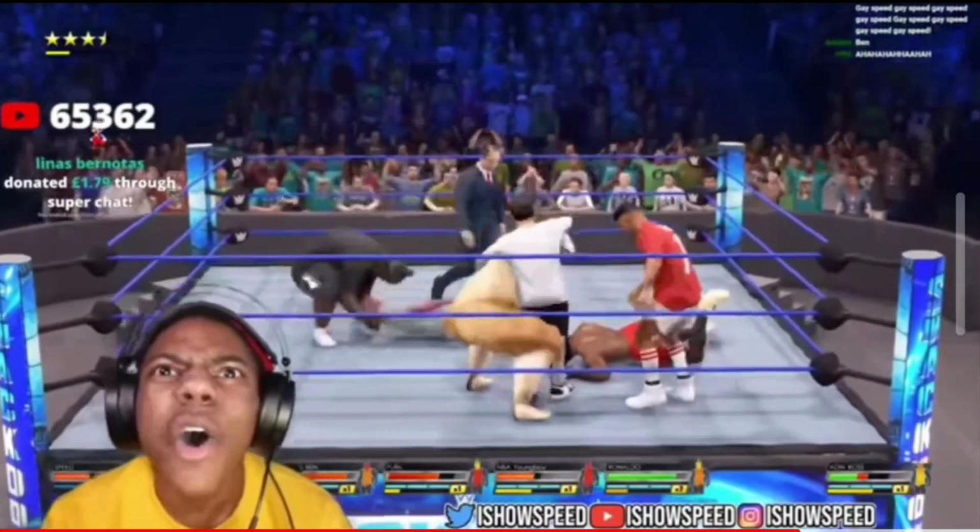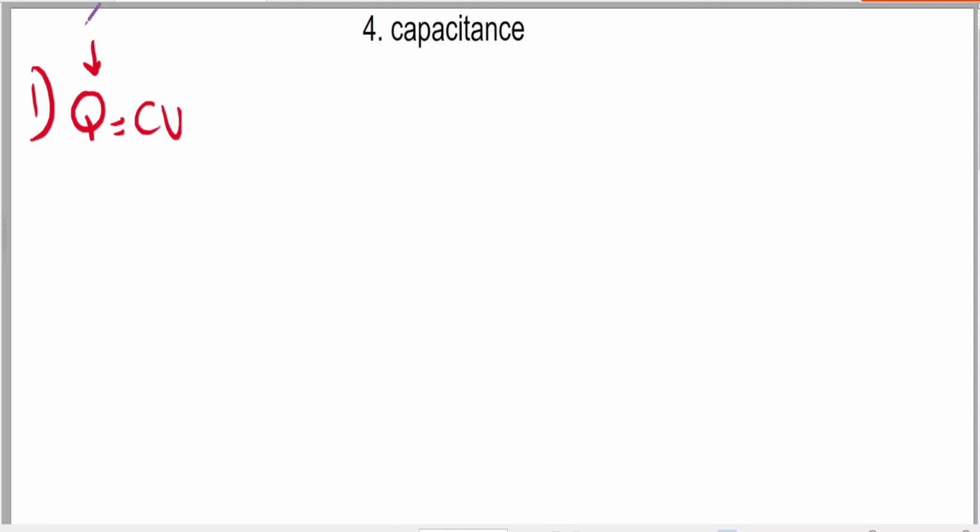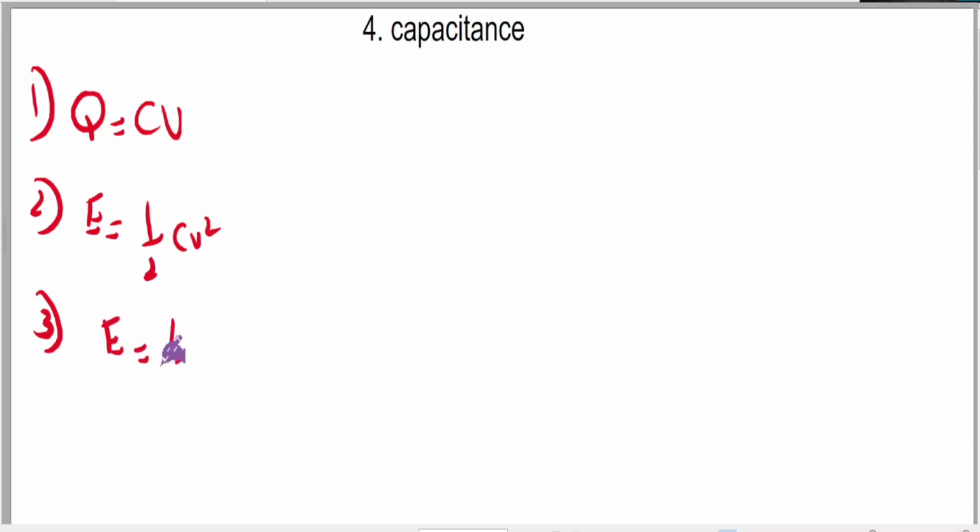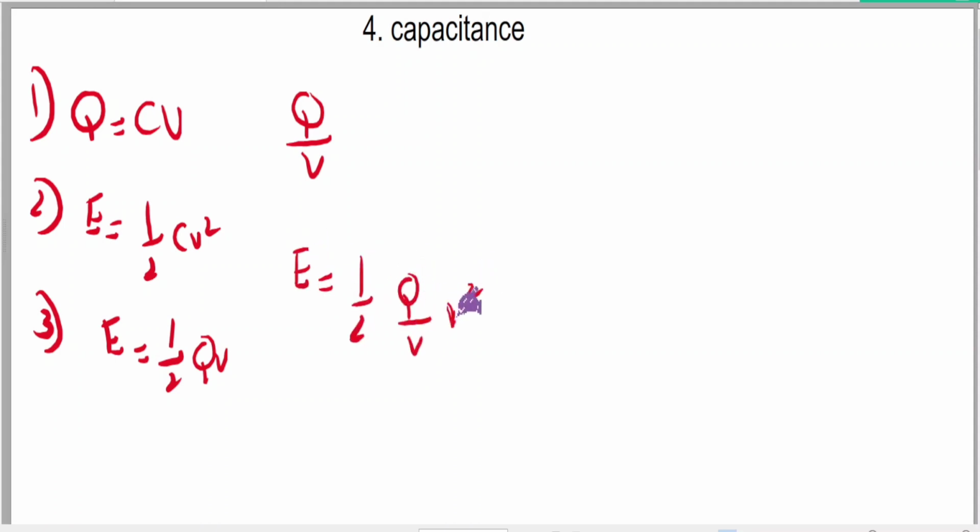Moving on to capacitance, Q equals C V, where Q is the charge, C is the capacitance, and V is the voltage. Energy equals half into C V square. Similarly, energy is half into Q V, because I know C is Q over V, so I can write E equals half into Q over V into V square.